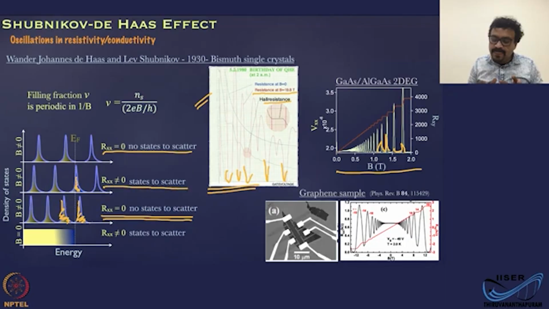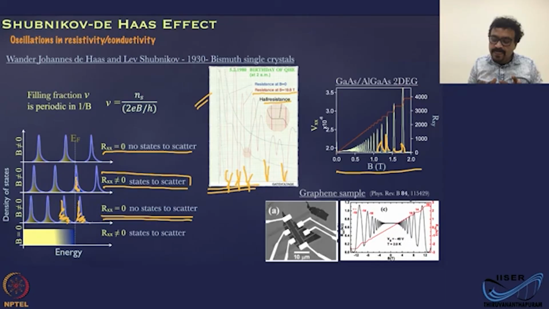Here you have states for the electrons to backscatter, then you have resistance. So all these dips of negligible resistance, actually it should be 0. But when you measure it, it actually is going to be the noise level or noise floor of the instrument, the preamplifier that you are using to measure.